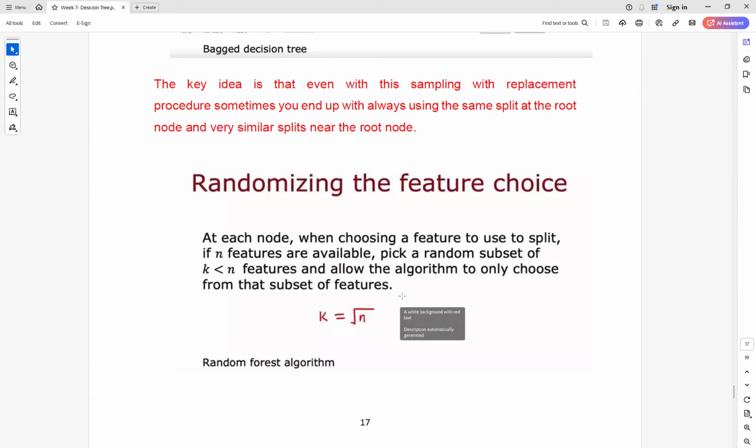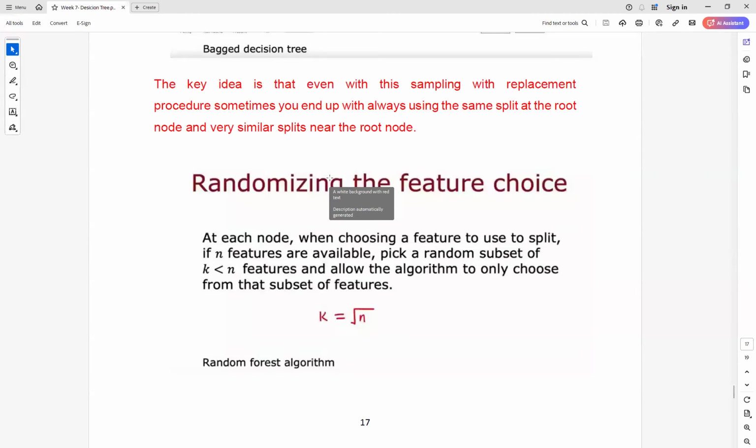What does it mean? If you have, for example, in our example, we had 3 features. But let's say we have 10 features, okay, and choosing one optimum feature among 10 options is hard, right?